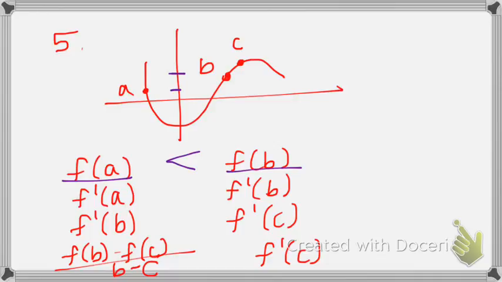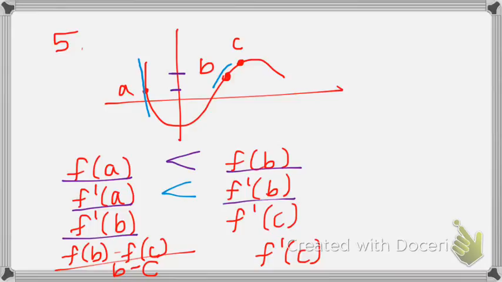The next one is, is f prime of a bigger or smaller than f prime of b? Well, I'm thinking about the tangent line. Well, f prime of a is steeper. They're both negative, but the bigger negative means smaller, so again, it's going to look like that.